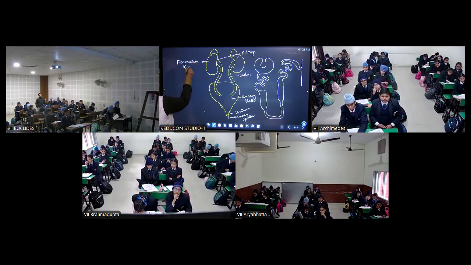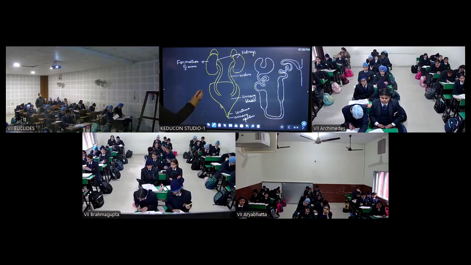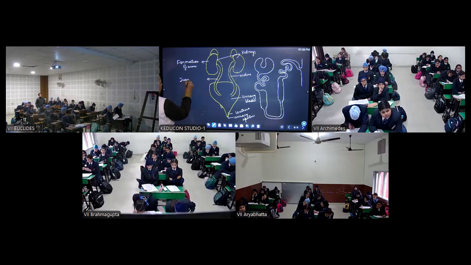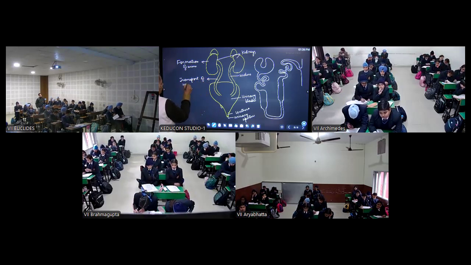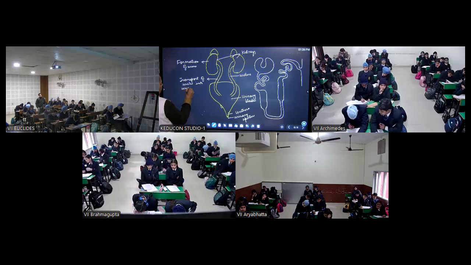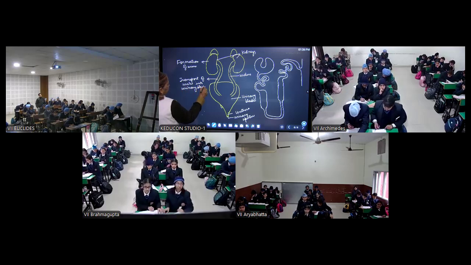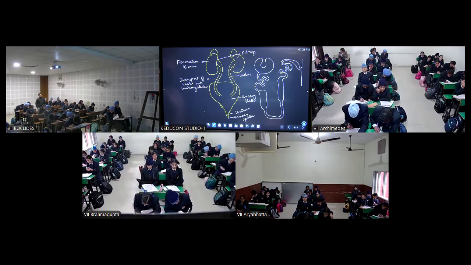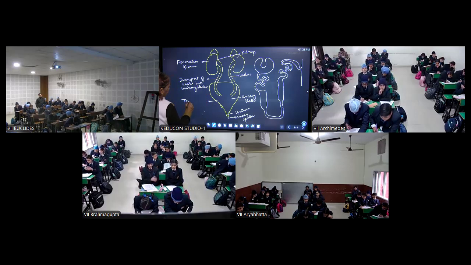Formation of urine. Function of ureters, you know, these are simple pipes. Transport of urine into urinary bladder. Function of urinary bladder, temporary, it is not permanent.